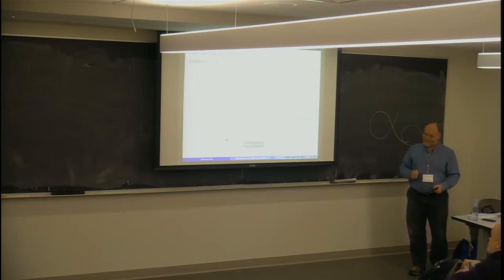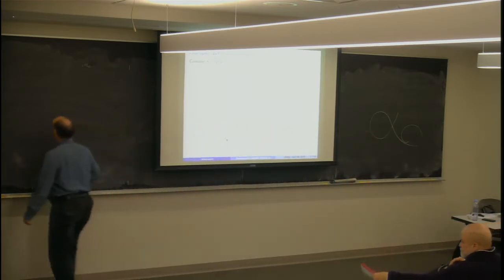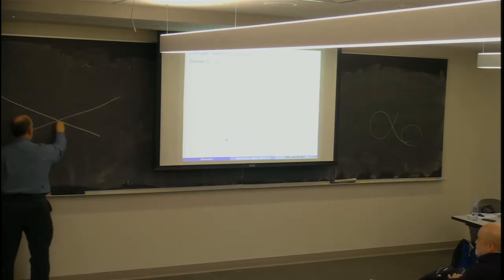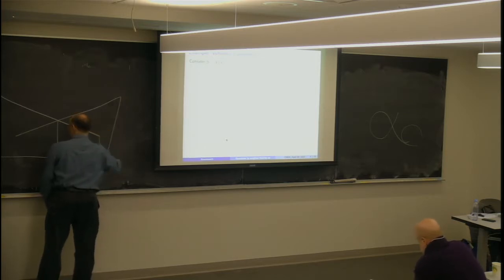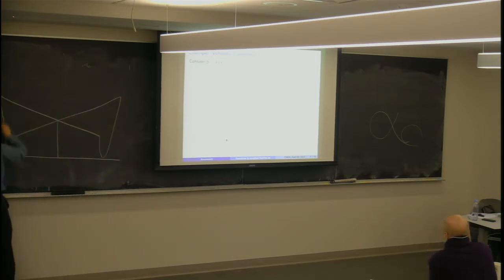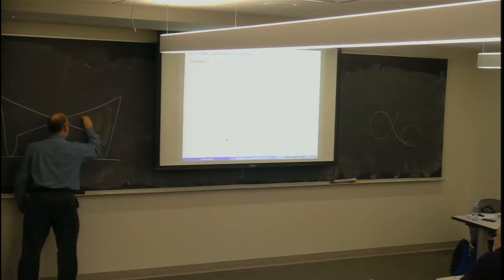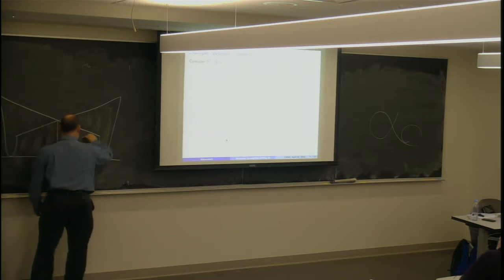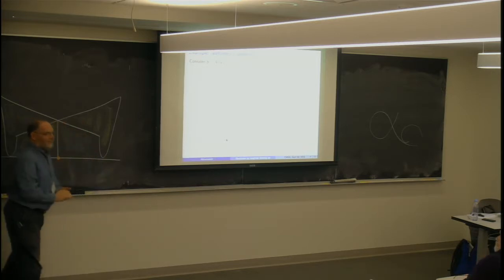The classic example is the Whitney umbrella, which I want to draw. So this is the Whitney umbrella. It has a very special point here, known as the pinch point.